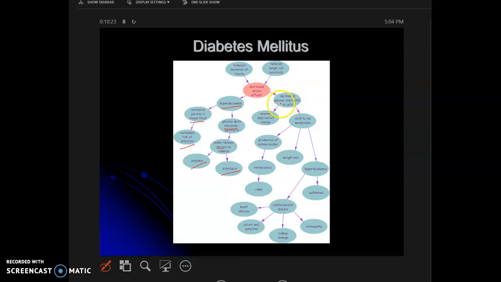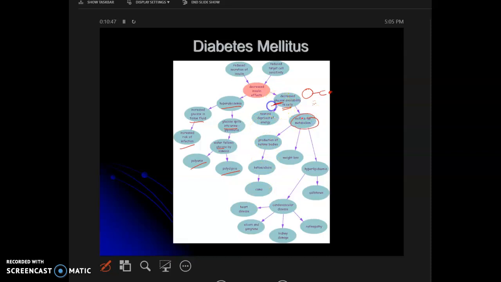Now, there's decreased glucose availability to the cell. Why? Because the glucose is just not entering the cell. In that case, the neurons are deprived of energy and they will start dying. So you will have lots of damage to your sense organs. If they shift to fat metabolism, why?